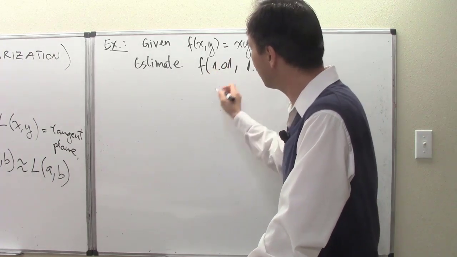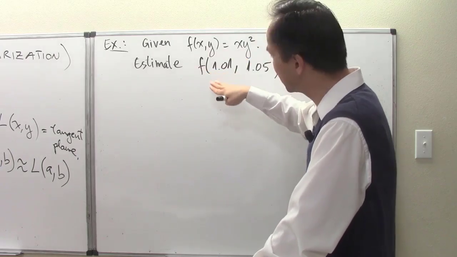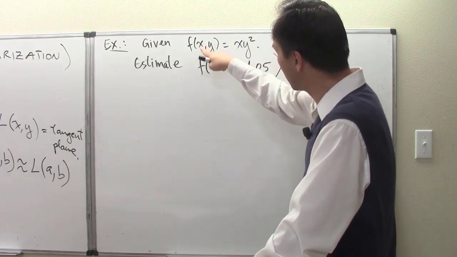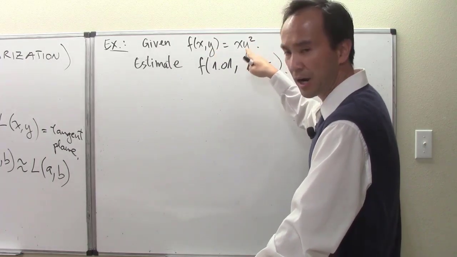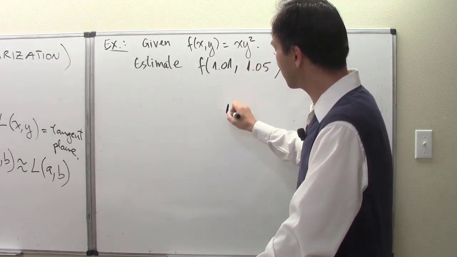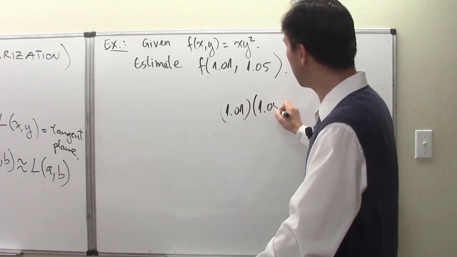If we directly substitute, in this notation it means we substitute 1.01 into the function for x and 1.05 for y. So we're going to end up with the calculation 1.01 times 1.05 all squared.